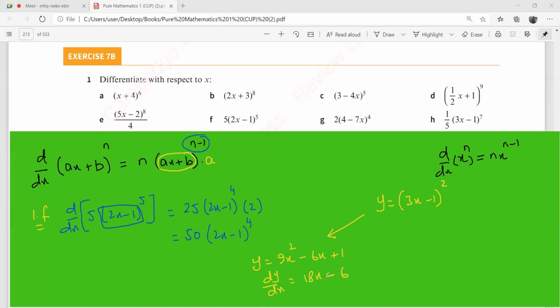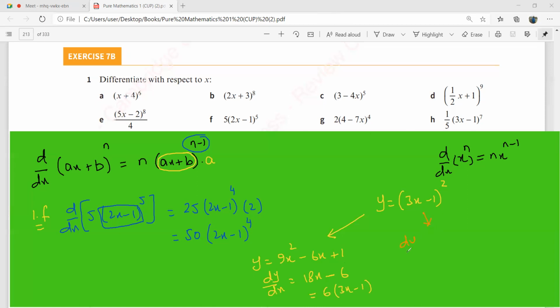Remember yesterday's first technique: the derivative of 9x squared is going to be 18x, the derivative of minus 6x is going to be minus 6, and the derivative of plus 1 is going to be 0. If you want, you can take 6 common from here, so this becomes 6 into 3x minus 1. Now let's differentiate the same expression using the technique that we are going to learn today.